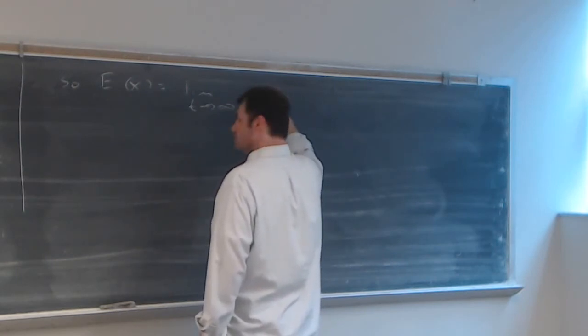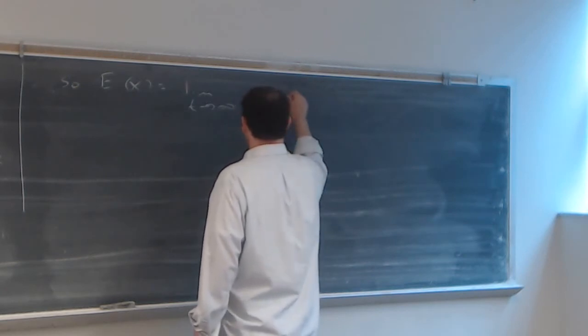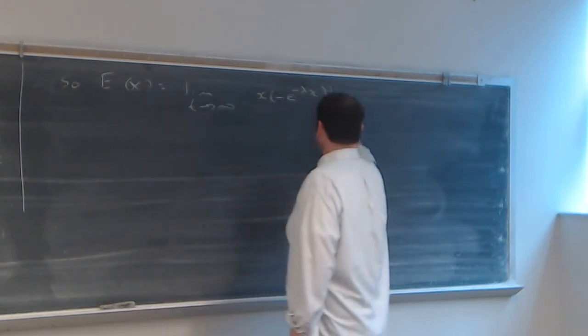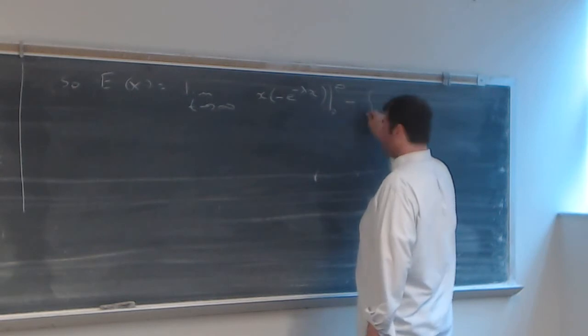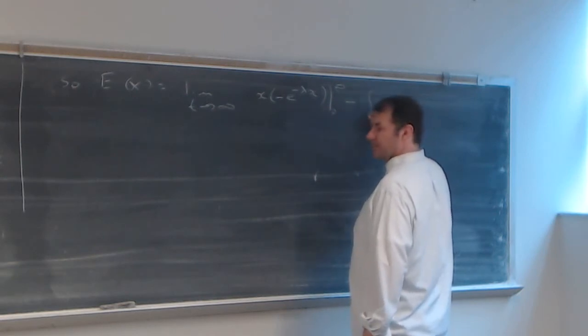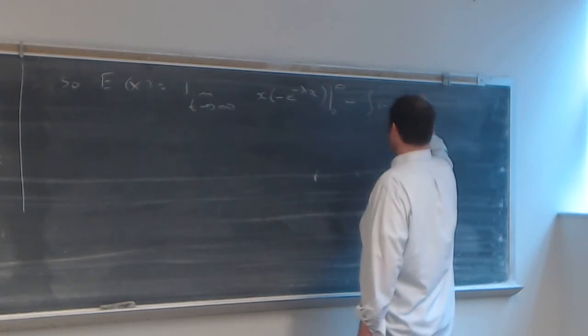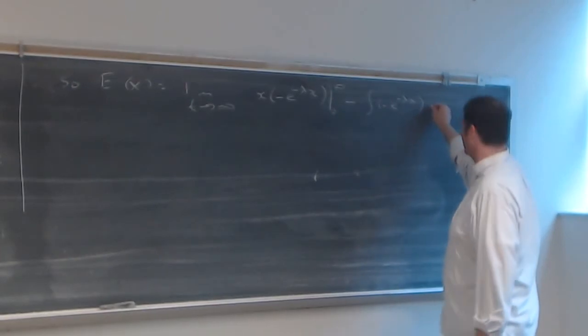So here it's u. u was x. v we found to be minus e to the minus lambda x. We need to evaluate that from 0 to infinity, minus the integral of v du. That's going to be, v was minus e to the minus lambda x. du was just dx.